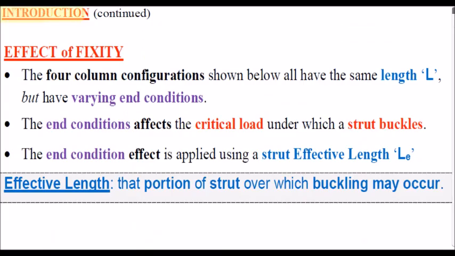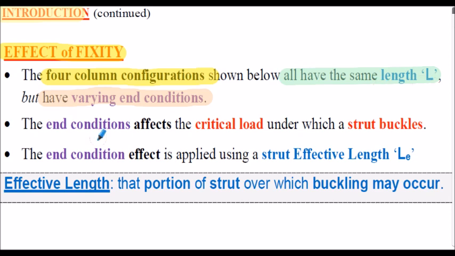Let's now consider the effect of fixity at the ends of our compression members. On the following slide, there are 4 column configurations, all having the same length L, but with varying end conditions.